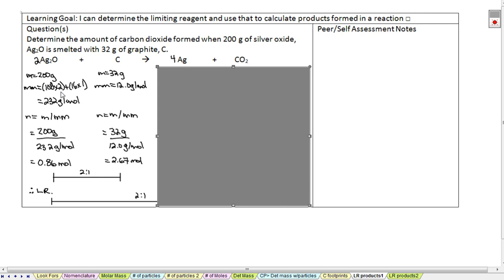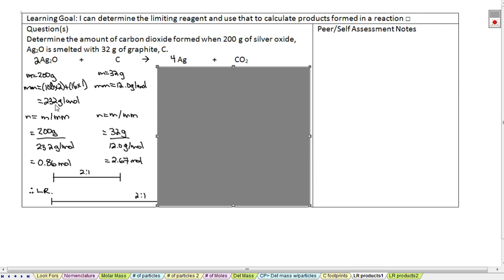So my first step is to determine the number of moles of my silver oxide and my carbon. So I have 200 grams of silver oxide and I have 32 grams of carbon. Now we don't know how many moles of each of that they are, but we do know that there's a molar ratio of 2 to 1. So I need to have 2 parts of this for every 1 part of that once we get to moles. Not necessarily mass, but in moles.